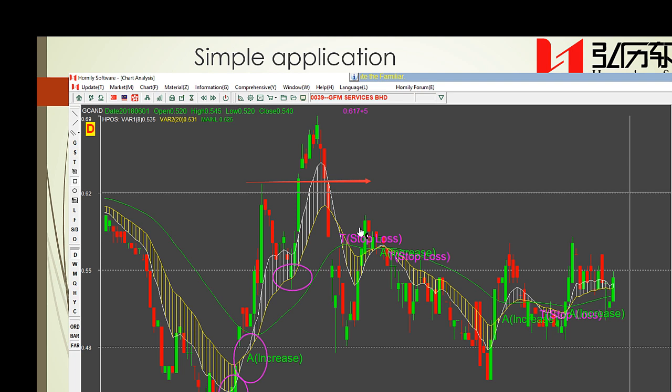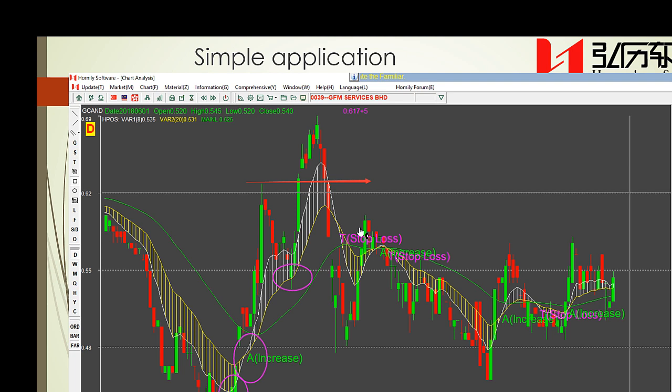If we see the price is far away from the white line, we should know the range the price will drop from the highest price to the white line. So here is the price range. If we see a candlestick like this very far away from the white line, we should know if the price drops, it wants to pull back.